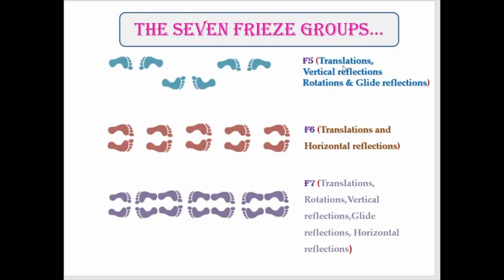And in the same way, translation, vertical reflection, rotation and glide reflection gives this one. And translation and horizontal reflection gives this. Translation, rotation, vertical reflection, glide reflection, horizontal reflection: all the five are here. Here four are present, and here all the five are present in this pattern.